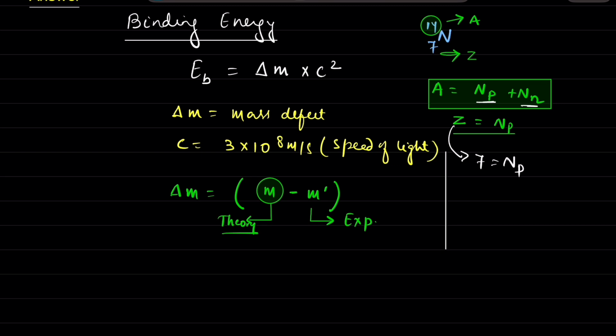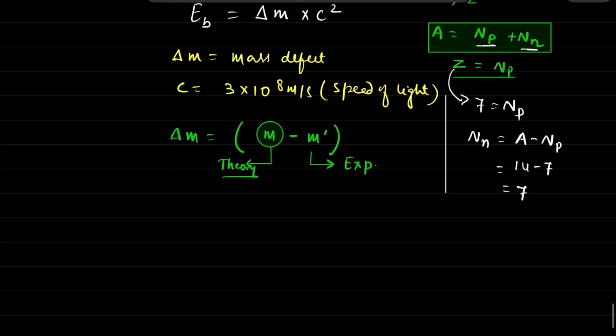So the number of protons is 7. Now what about the number of neutrons? It's equal to A minus Np, A is given as 14, minus 7. It's equal to 7. So the number of neutrons is 7 and the number of protons is 7.